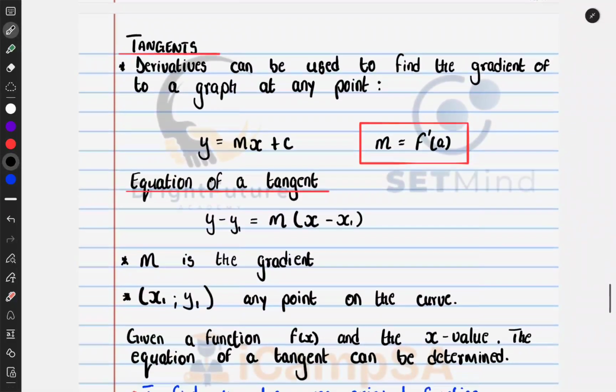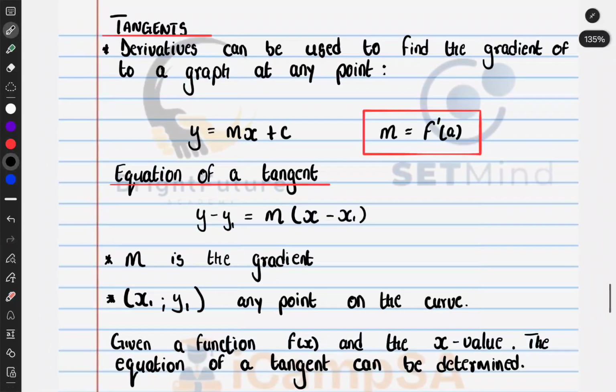Now let's go to tangents. Remember that when we are differentiating and we are looking for the gradient of the curve at a point, we are essentially calculating the gradient of a tangent to that curve, hence why we're now talking about the tangent.